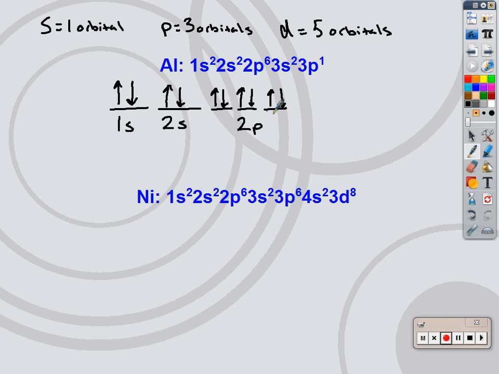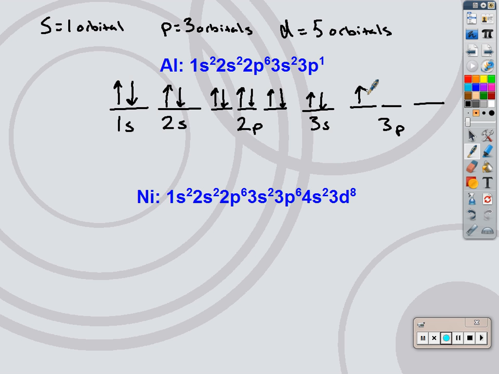So 3 compartments, each with 2 electrons, giving us that total of 6. Again, the s's are easy. It's only the p's that have to be broken down. When we get to 3p, we do have to draw all 3 of our spaces, but there is only 1 electron in it, so only 1 arrow to draw.